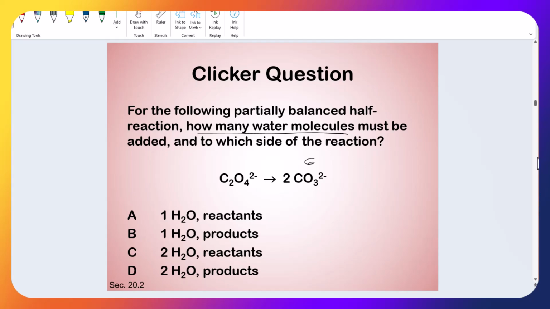There's 6 oxygens here. There's 4 oxygens here. So to balance the oxygen with water, I add 2 H2Os here. That gives me 2 more oxygens plus 4 is 6. So the answer would be 2 water molecules to the reactant side.